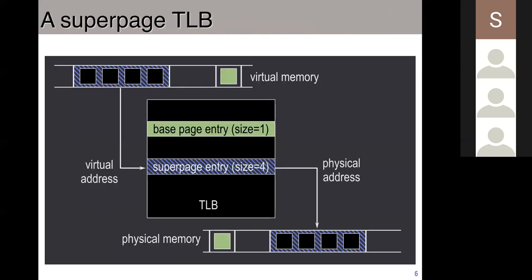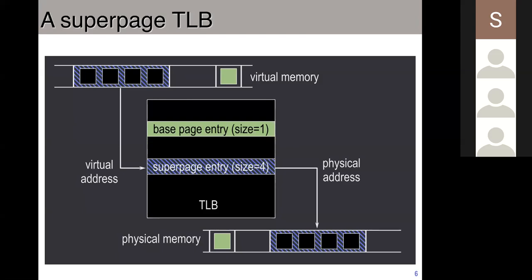So last time we saw that a superpage occupies one TLB entry. If it was a regular base page, that would also occupy one TLB entry. The difference between a superpage and a base page is that there will be an additional field in the TLB that gives you the size of the superpage that the MMU is trying to access.